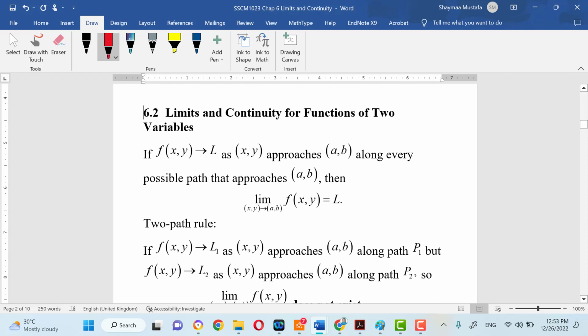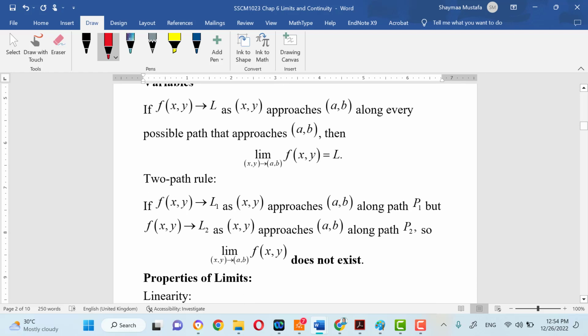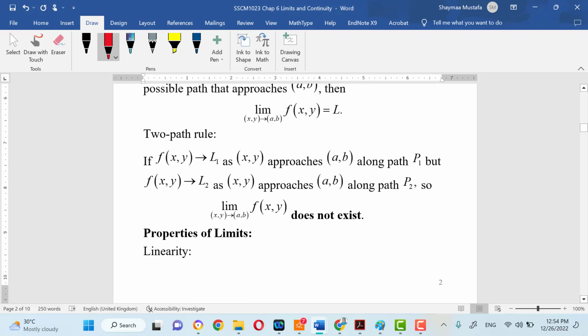Actually, if the limit from all sides is equal to one value, then we say that the limit is equal to L. But if I can choose two different paths with two different limits, then we can say that the limit does not exist.